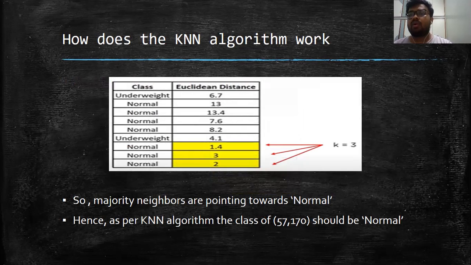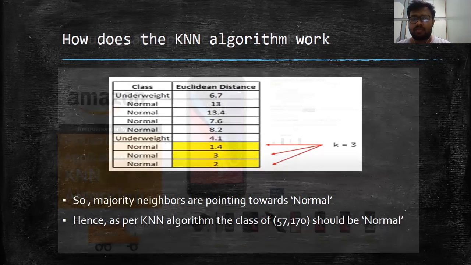Since all three are pointing towards normal, there is no reason to consider it as underweight. It will obviously be normal. So hence, as per KNN, the class of 57 1, 170, which was given to be determined, should be normal.